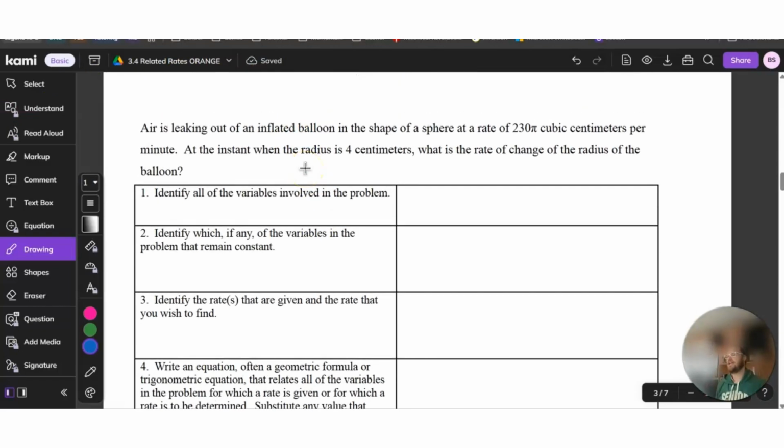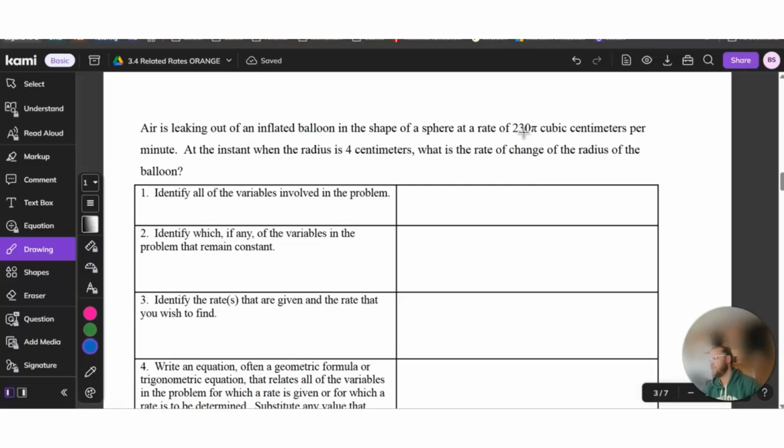All right, so air is leaking out of an inflated balloon in the shape of a sphere at a rate of 230 pi cubic centimeters per minute. At the instant when the radius is 4, what is the rate of change of the radius? So, let's look at what we have. Is this 230 pi a rate of change, because it tells us it's a rate? So is that v prime or r prime?